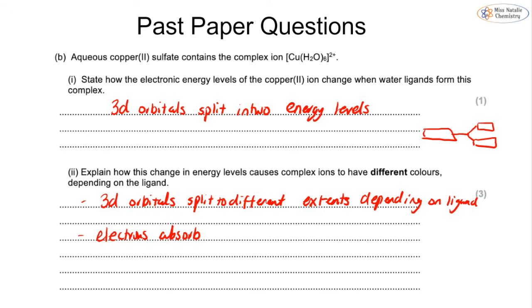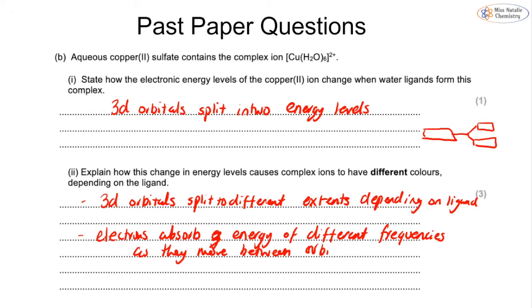This is absorbing the energy of different frequencies or wavelengths, depending on how you want to phrase it, as they move between the orbitals. So as you get your electrons moving from the higher and lower levels, you're getting that electron absorbing energy, not emitting energy. That's emitting is in a flame test.